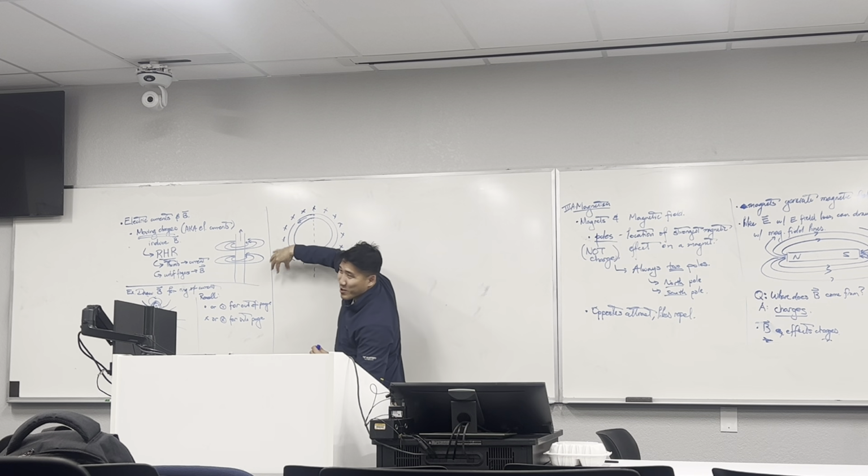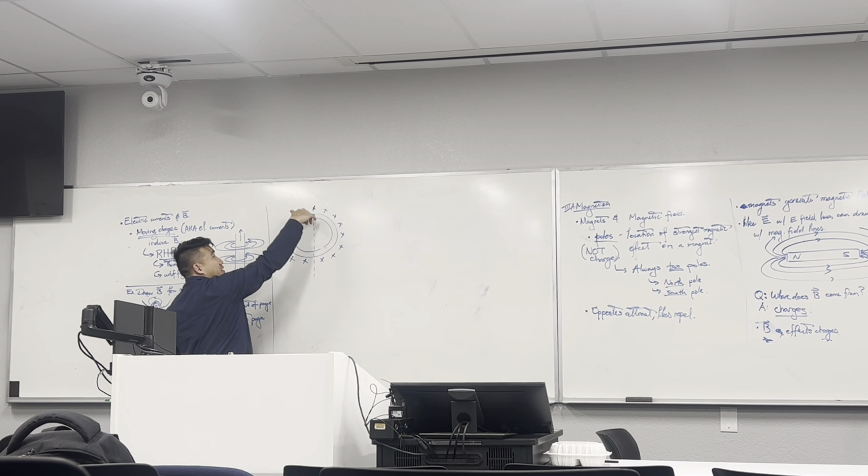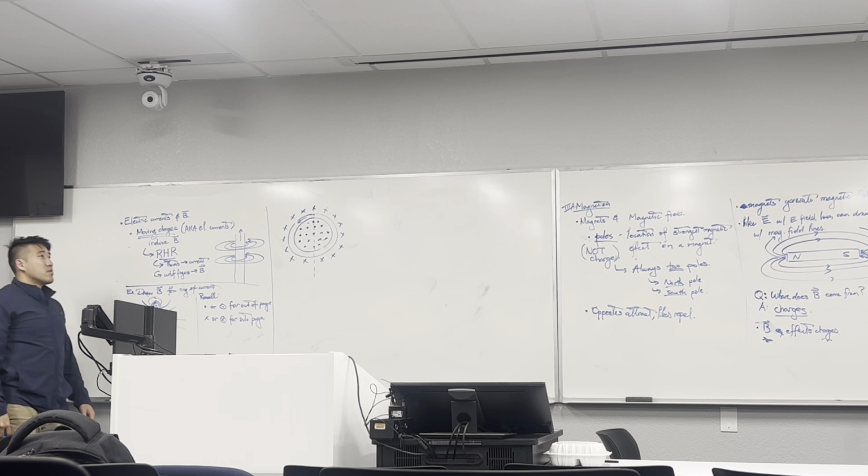So you're always pointing into the page when you're on the outside. But what about inside the ring? You see your fingers are now coming out. So inside, it's going out of the page towards you.